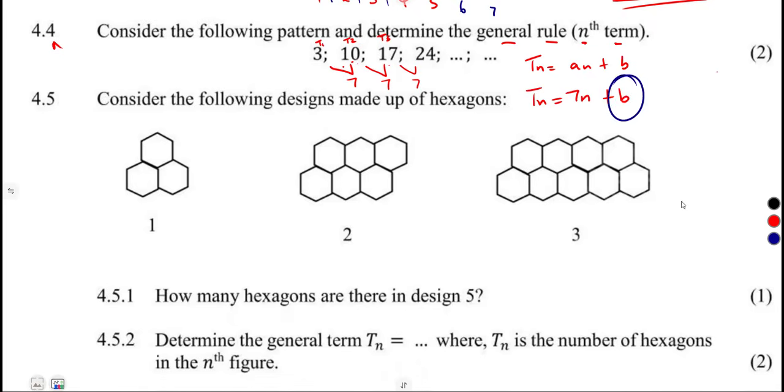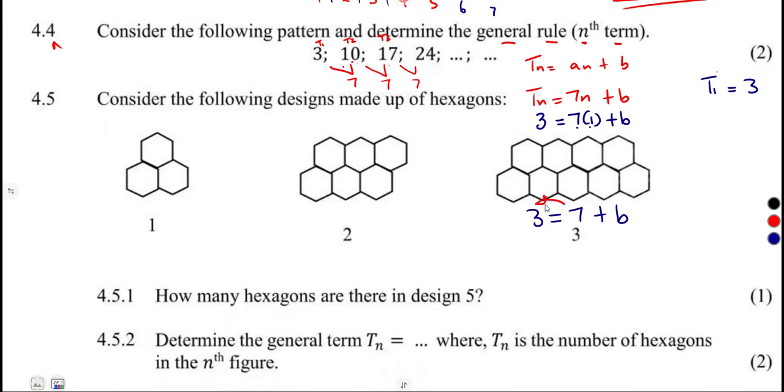So you have to find the value of b by using any corresponding terms. Remember the concept from our introduction. T1 equals 3. So if T1 equals 3, I'm going to substitute: 3 is equal to 7 times n, where n is 1, plus b. So let us solve for b. 3 is equal to 7 times 1, that's a 7, plus b.